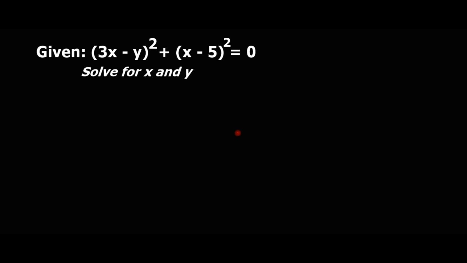So this is what you have to understand here. The square of any number is always 0 or positive.